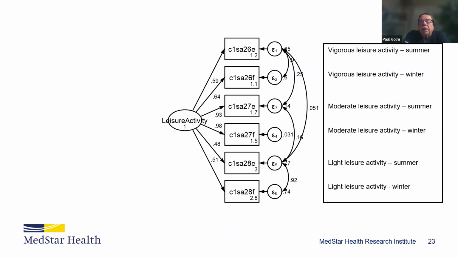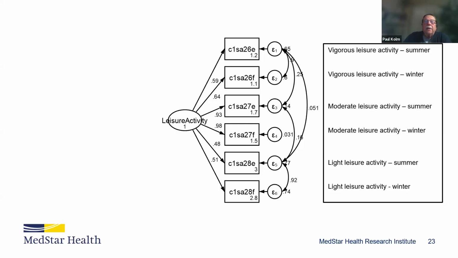It's measured as vigorous, moderate, or light, and it's measured in the summer and in the winter. Not sure why they left out spring and fall, but maybe it's because they would expect summer and winter to be the times when you would exercise the least or engage in leisure activity.